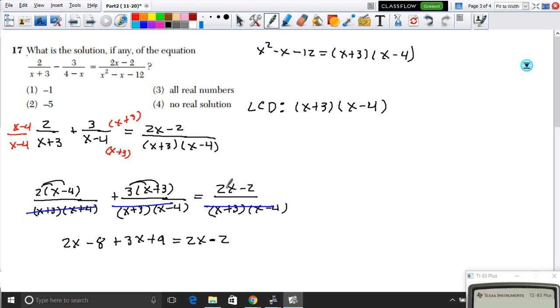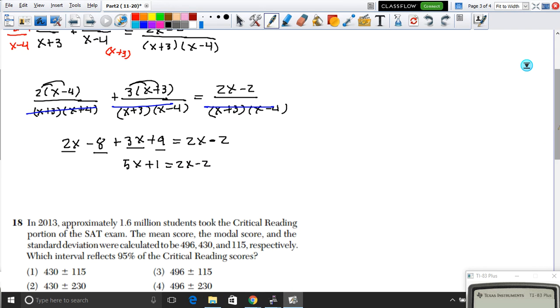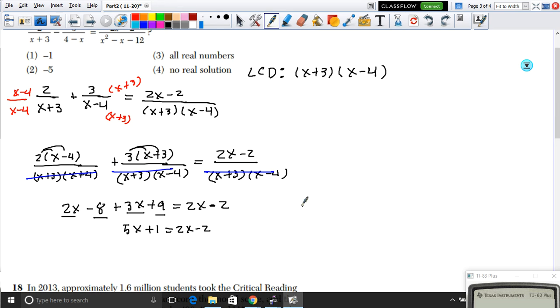Now we have to solve for x. If you combine terms here, you will have 5x, and combining terms here, you will have positive 1, equal to 2x minus 2. We're almost done. We want to solve for x, so let's subtract 2x, which cancels out.